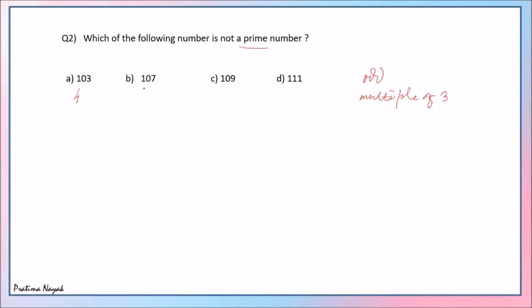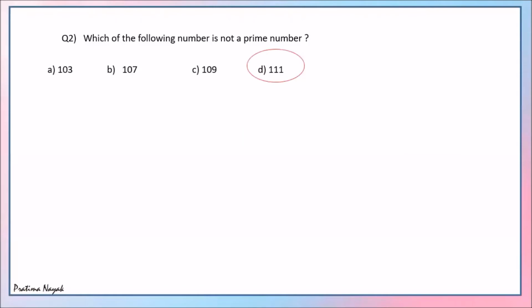Here 9 plus 1 is 10, not divisible by 3. See this one: 1 plus 1 plus 1 is 3, a multiple of 3, so it is a composite number. 111 is not a prime number. Finding the number that is not prime is easier than finding a prime number, isn't it? So here 111 is the answer.